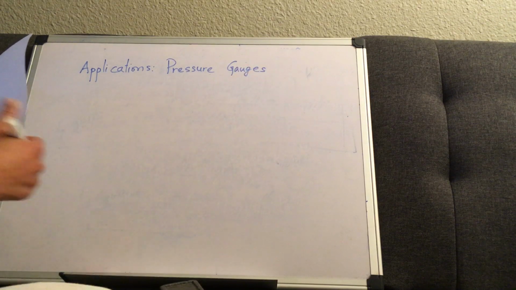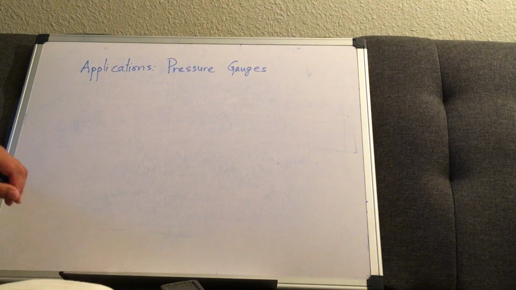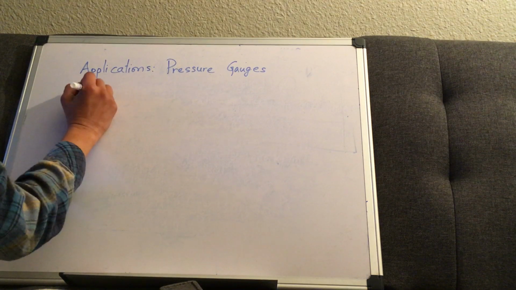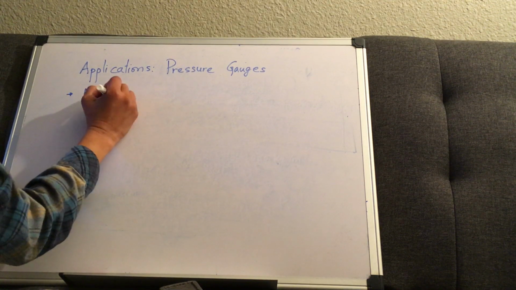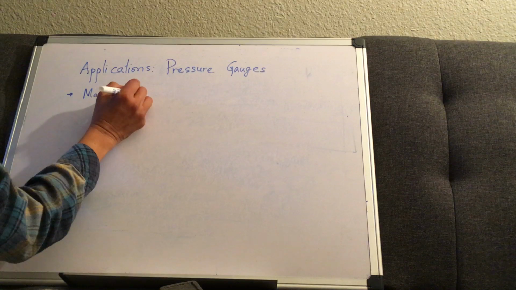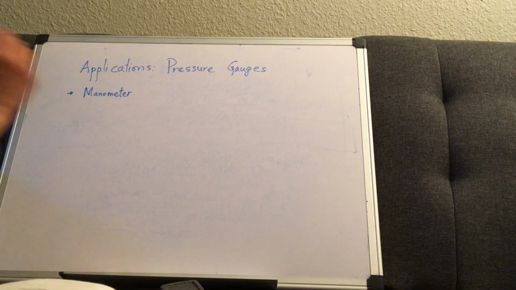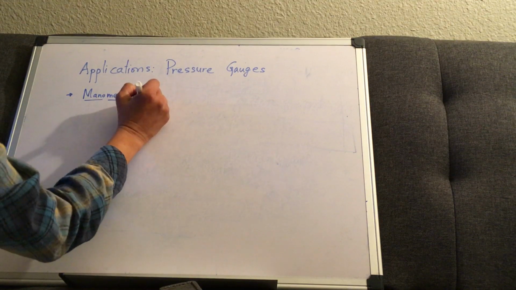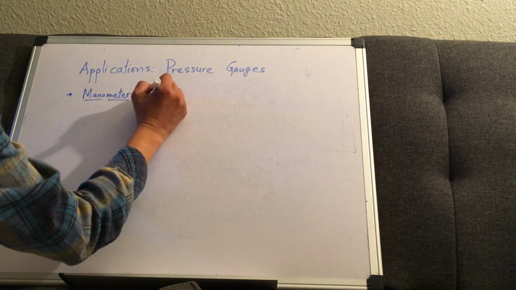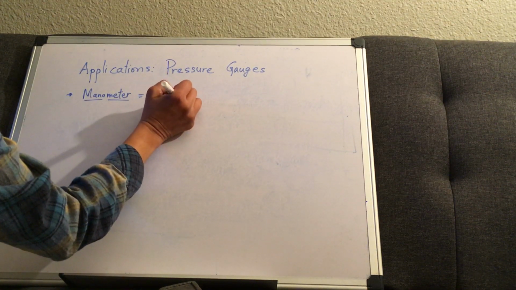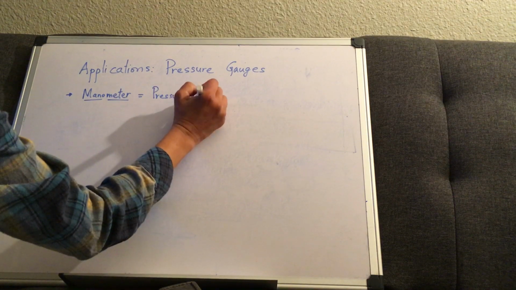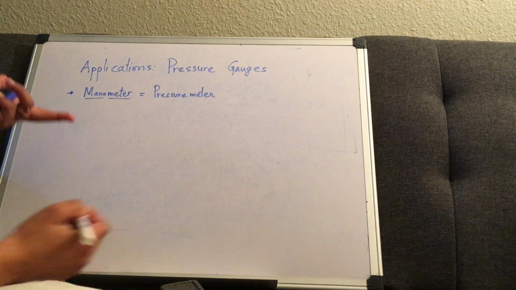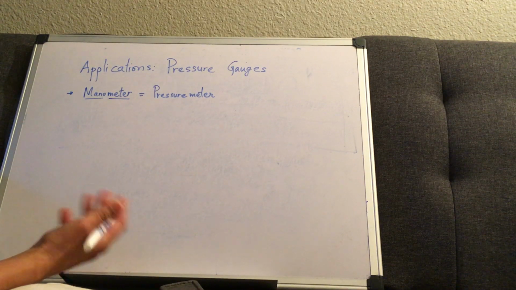One example is called a manometer. You see the word: mano and meter, so this really means pressure meter. A manometer is an instrument you use to measure the pressure of a fluid.